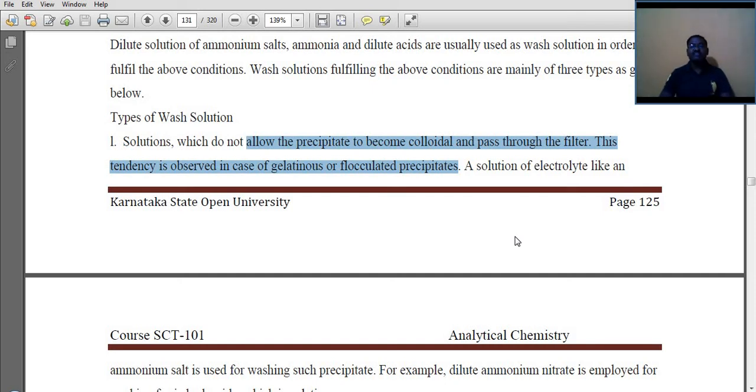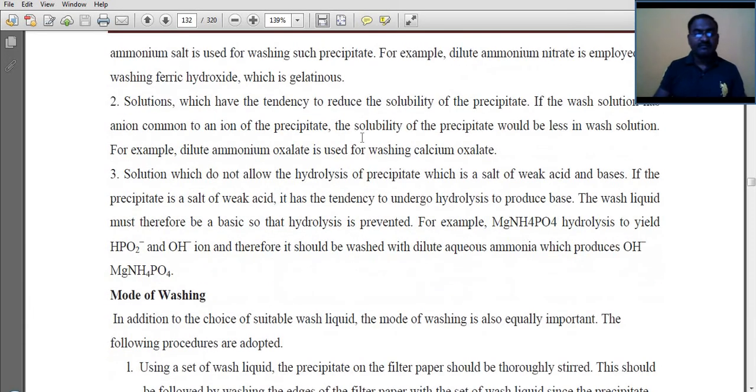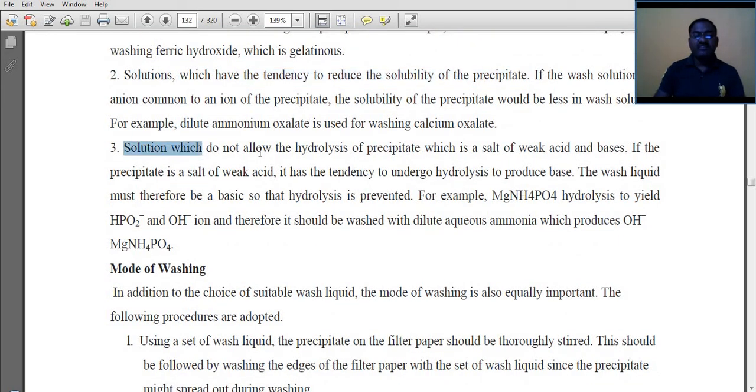This tendency is observed in the case of gelatinous or flocculated precipitates. Second, a solution which has the tendency to reduce the solubility of the precipitate. Finally, a solution which does not allow the hydrolysis of a precipitate which is a salt of weak acid and base.